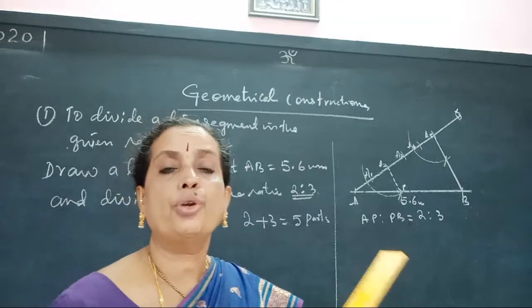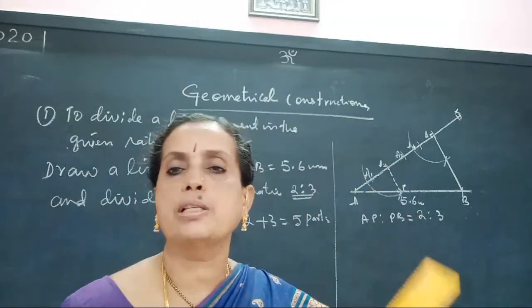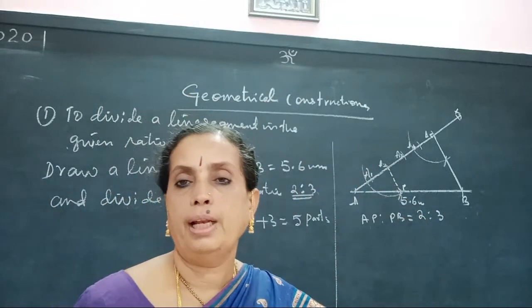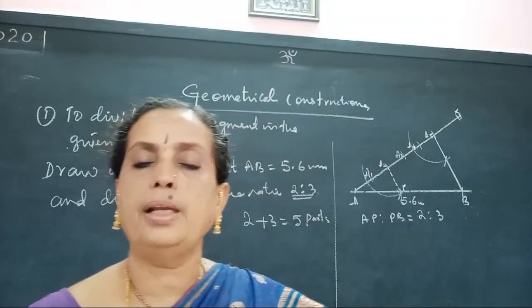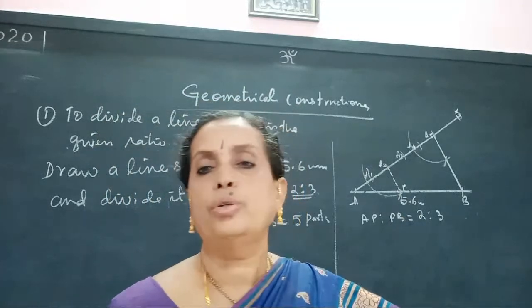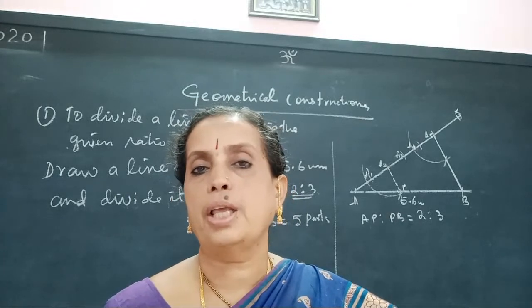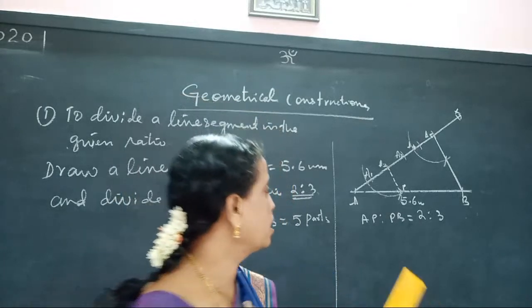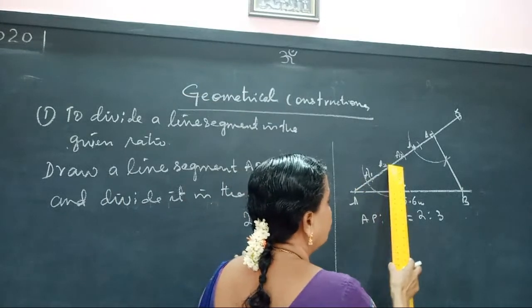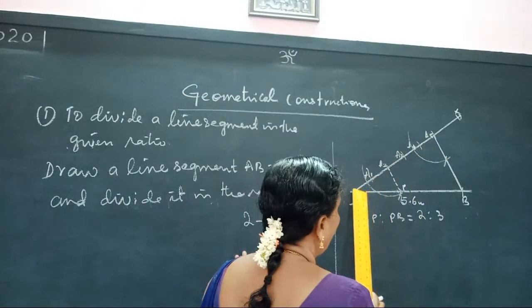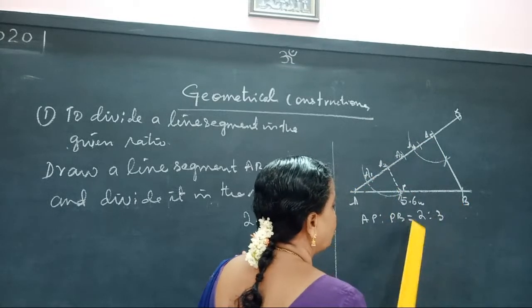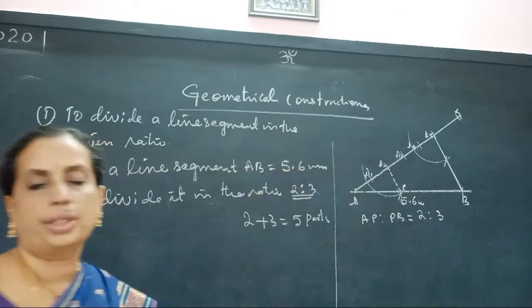This verification you are going to understand when you do similar triangles. When a line is drawn parallel, it divides the two sides of the triangle in the same ratio. Since it is dividing here 2:3, AP to PB is also 2:3.